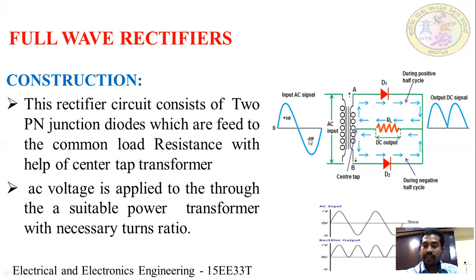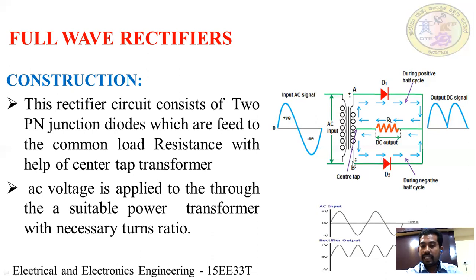During the negative half cycle, this terminal becomes negative and this terminal becomes positive, and hence the diode D1 is under reverse biased condition, the diode D2 is under forward biased condition. Hence this diode gives the output current IL, which is equal to ID2.